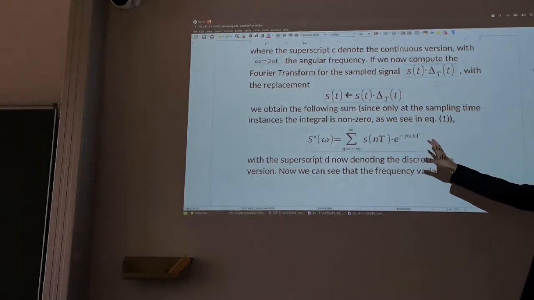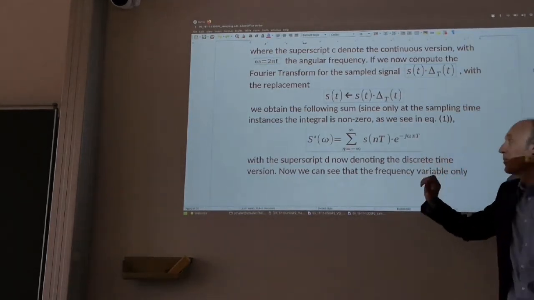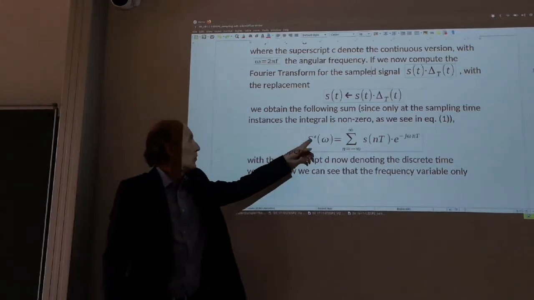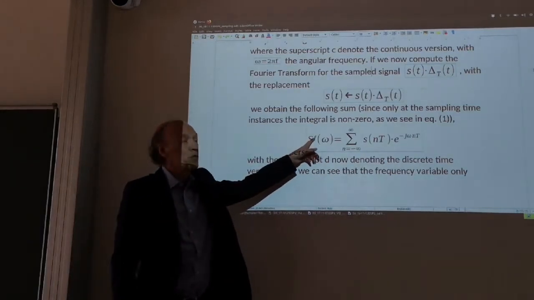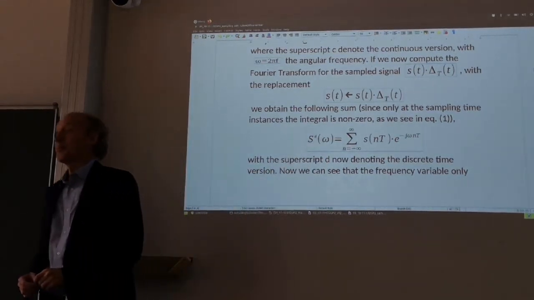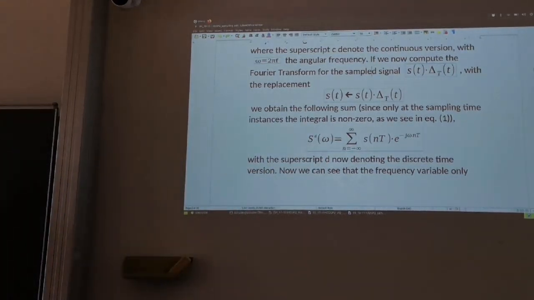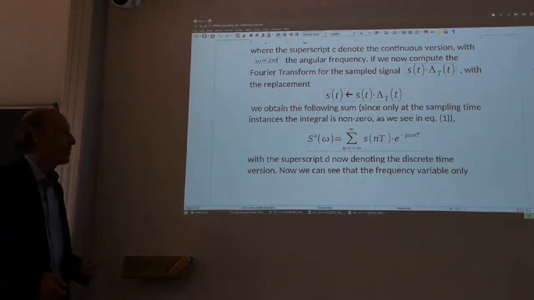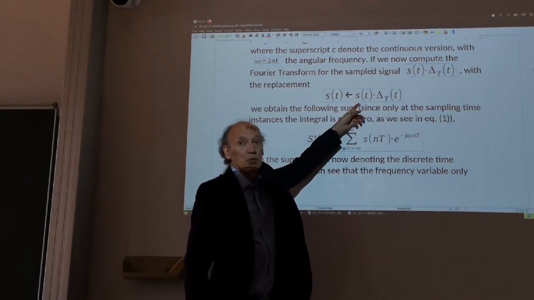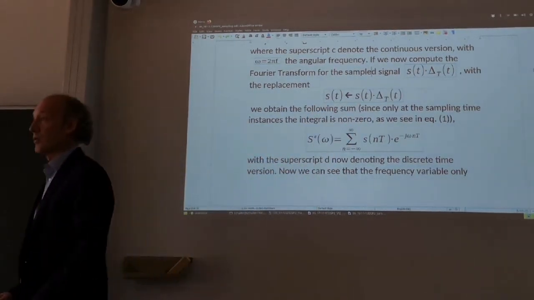Make sense? So this comes from sampling. And this is now the Fourier transform for the discrete time version, D for discrete. Okay. So this is then basically the discrete time Fourier transform. I replaced our continuous version with the sampled version and applied the Fourier transform.